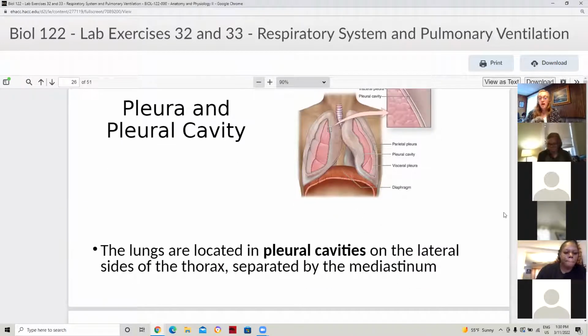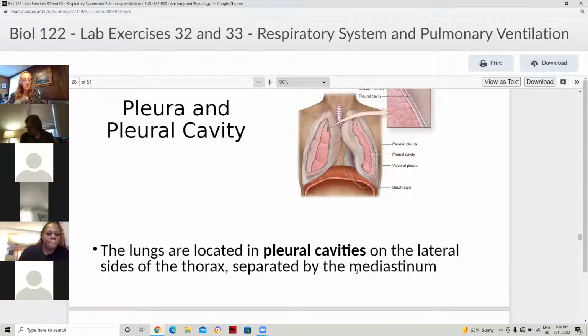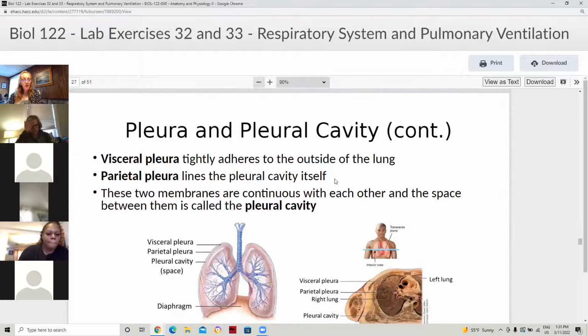And at the pleural cavities, the lungs are located in the pleural cavities on the lateral sides of the thorax, separated by the mediastinum. The visceral pleura adheres tightly to the outside of the lung.